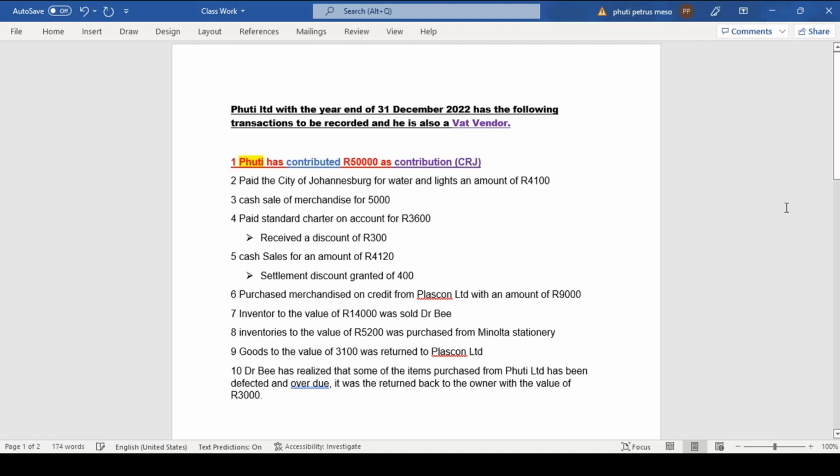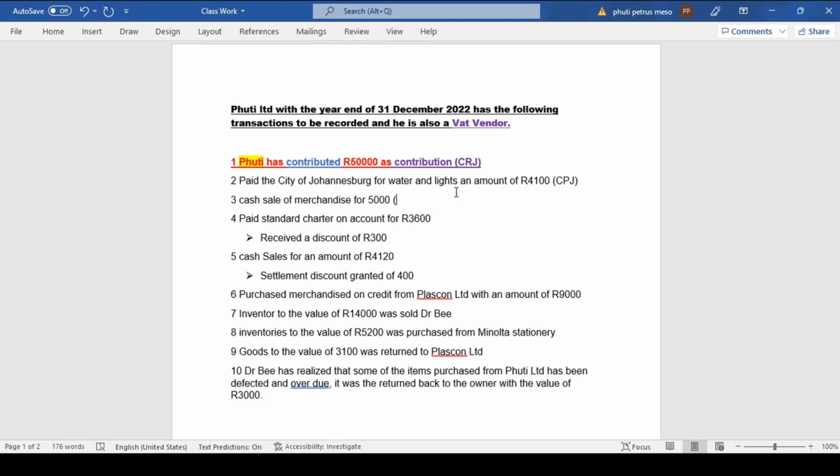So Puti Limited has paid the City of Johannesburg for the water and lights with an amount of 4,100 Rand. Where do you think this would go? CPJ. And there was a cash sale of the merchandise with an amount of 5,000 Rand. Where do you think this would go?